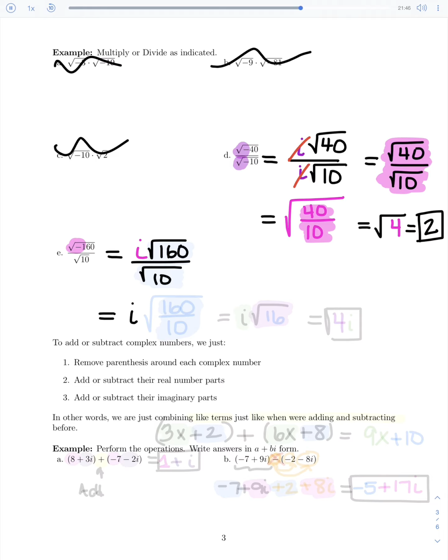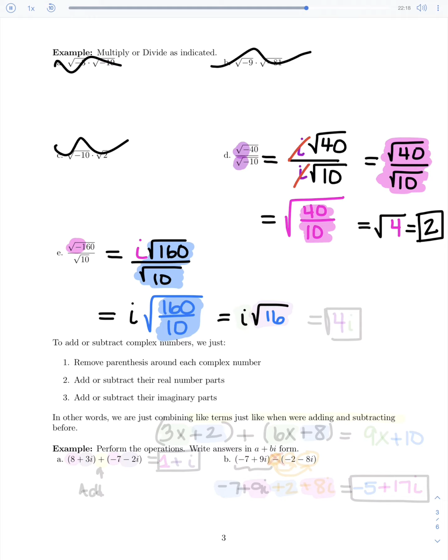What we can do, however, is simplify the square root of 160 over the square root of 10 by turning it into one big square root of 160 over 10. Then we can go ahead and do the division first. So that will leave me with i times the square root, because we haven't taken the square root yet. But 160 divided by 10 is just 16.